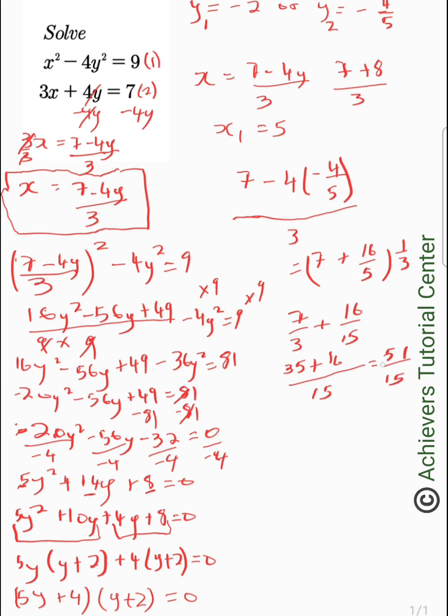We can simplify this further by dividing by 3. 51 divided by 3 gives us 17, and 15 divided by 3 gives us 5. So we can say that x2 equals 17 over 5.